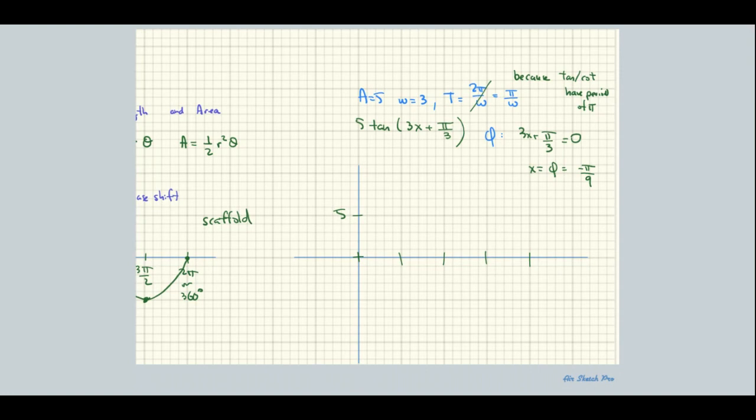The tangent function, you remember, starts at 0, and then it comes up, and then it blows up. This is always increasing, right? And then it blows down, comes back up, and comes through here.